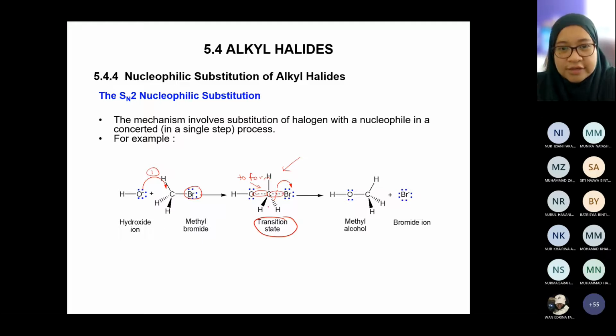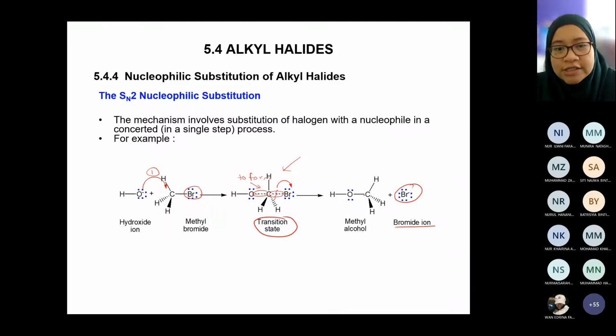Okay, later on, you kena ada this arrow mechanism kan. You have this arrow, full headed arrow. It shows that this bond will be broken down and the 2 electron will be given to bromine and becoming bromide ion. And there you go for your final product.